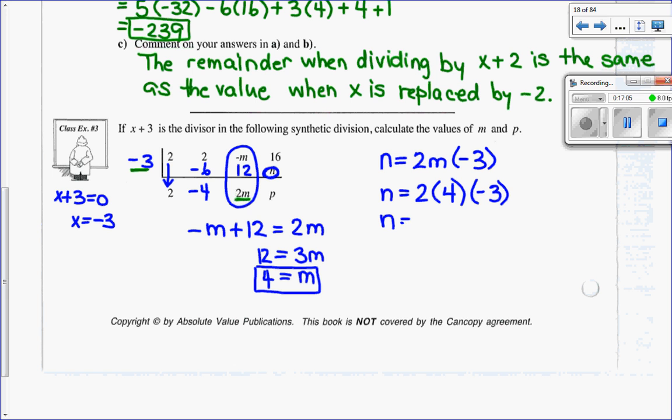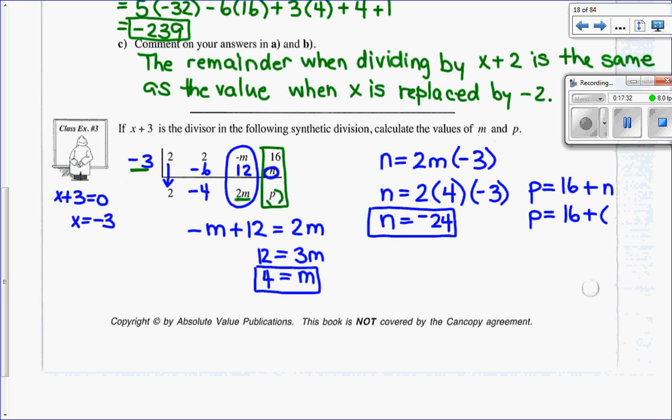So that means my n must be negative 24. And then finally I know that 16 plus that n would give me this p. Okay, so p is 16 plus n, and I now know that my n is negative 24. So p is 16 plus negative 24, negative 8.